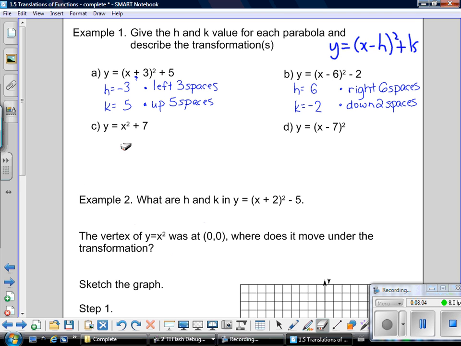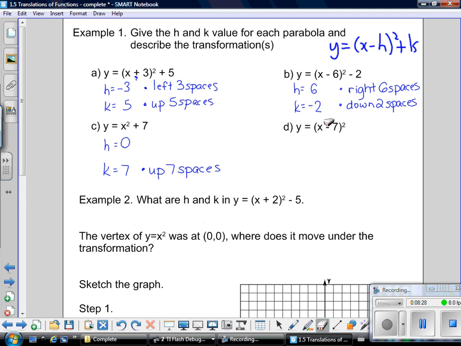Now the next one, I have x squared plus 7. Notice this time I don't have a bracket with my squared part, so my h is 0, which means I'm not moving it left or right. And my k is positive 7, which means I am moving my parabola up 7 spaces.